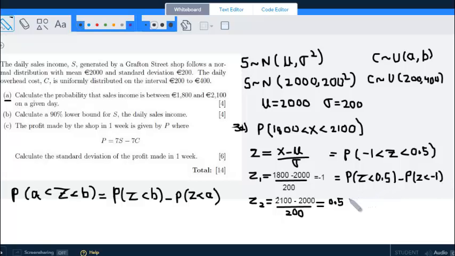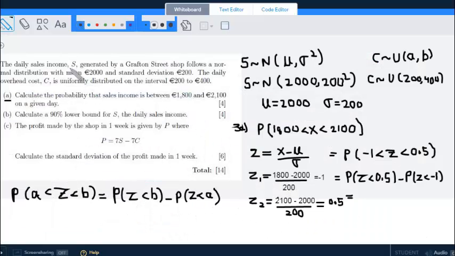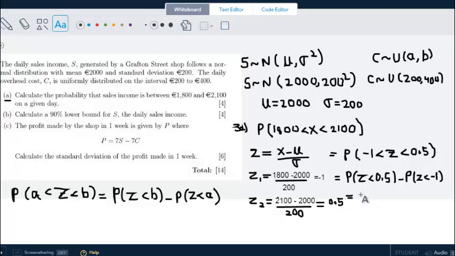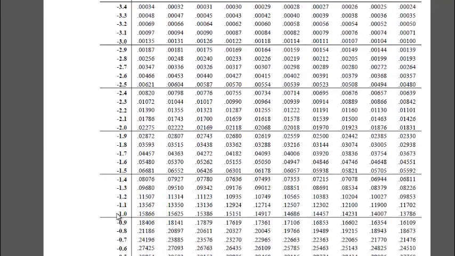So you need to see a z chart for this. I'm having a z chart which shows that for z equal to 0.5, the value is 0.69146. So I'll just copy that. This probability z is less than 0.5 is 0.69146, and for probability z is less than -1, you search for -1 over here, and you will get it as equal to 0.15586.